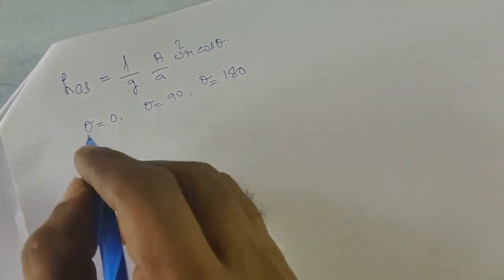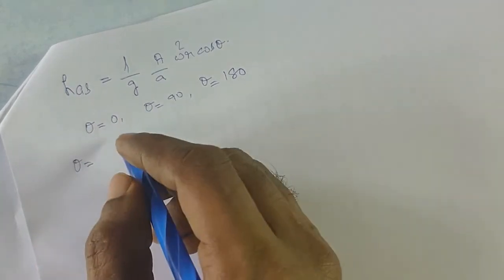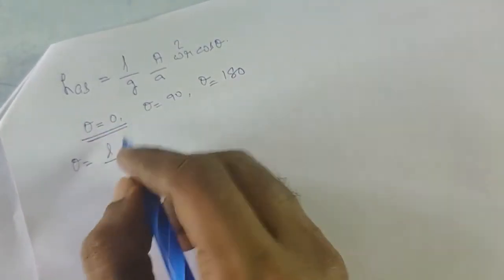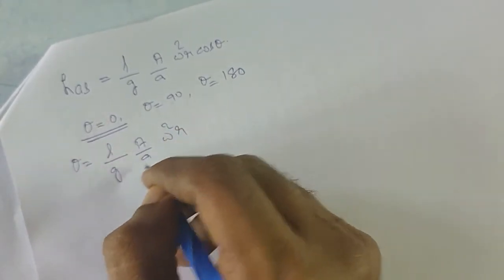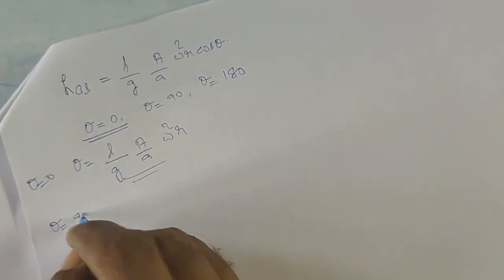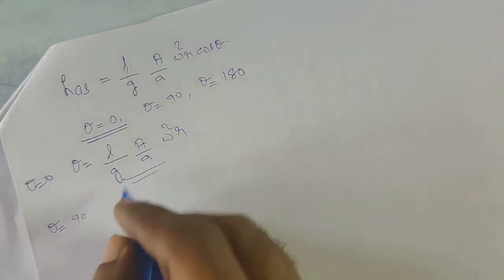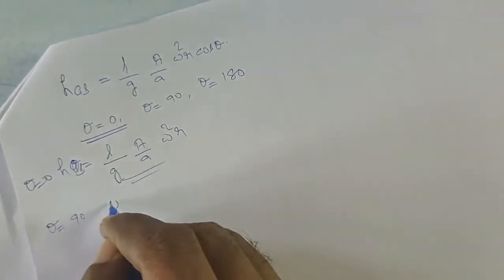When theta is equal to 0, cos 0 is equal to 1, so HAS will be equal to L by G, A by a, omega square R. When theta is 90, what is cos 90? Cos 90 is 0, so this HAS will be equal to 0.